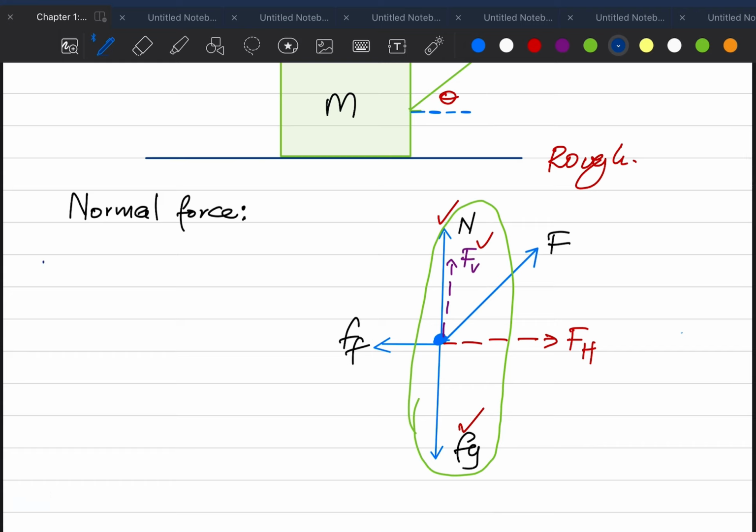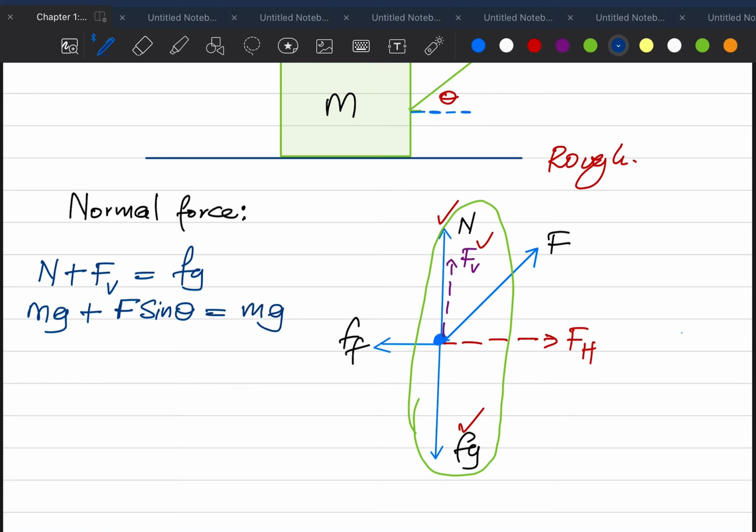So normal force plus FV gives me FG, because if I add these two forces, I get this force. So the normal force is just mg. But my FV is equal to F sine of theta. Then my FG is just mg.